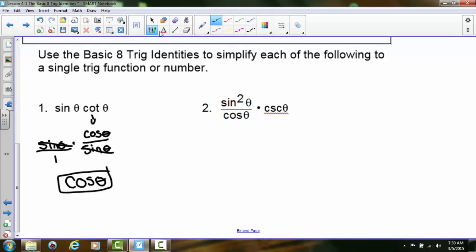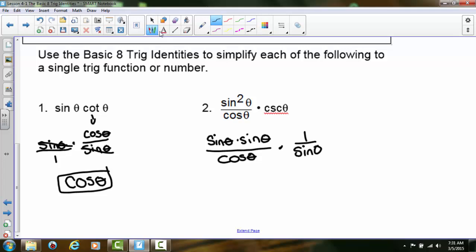Okay, so sine squared theta, I was thinking, well, I could write that as sine theta times sine theta over cosine theta. Because I was thinking that might help because now I could replace that with tangent or something. I don't know exactly what I want to do here, but I know cosecant theta, the only identity I have for cosecant theta is that it's 1 over sine theta.